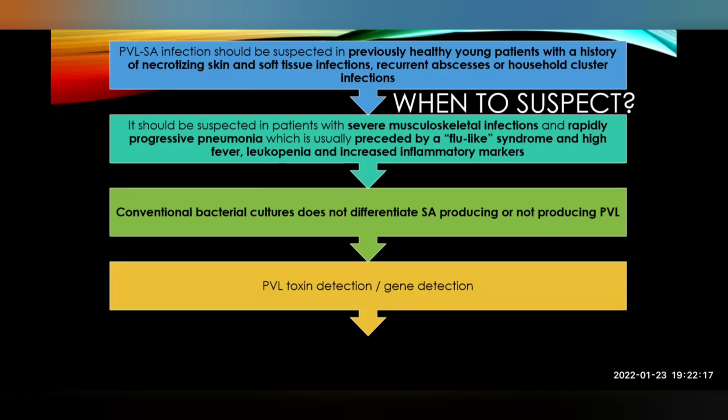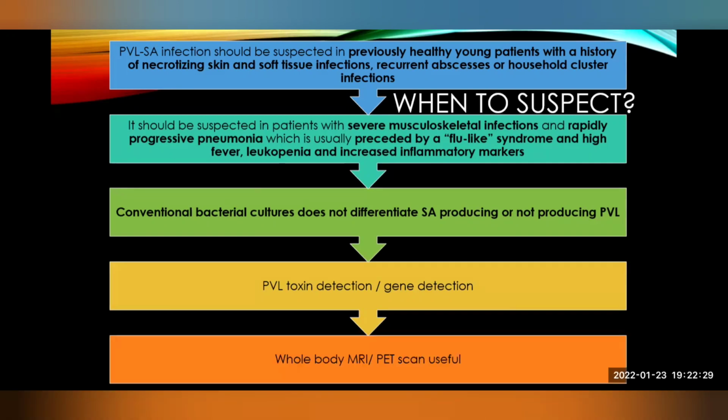PVL toxin by ELISA is also available, and there is a lateral flow assay which is under study, which can find this PVL toxin, but is not currently available in India. In patients, whole body MRI or PET scan can be useful.